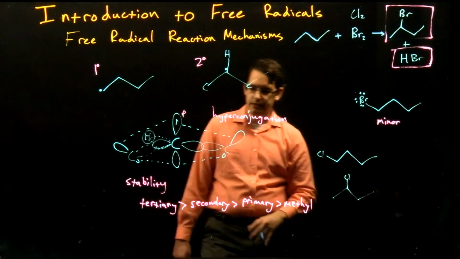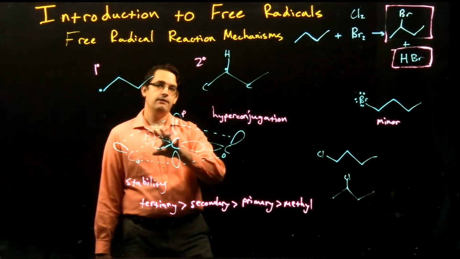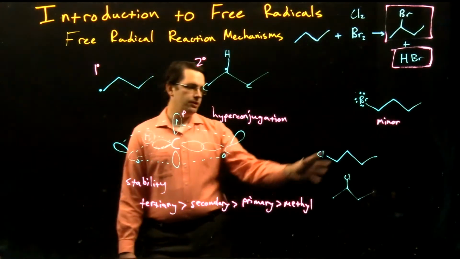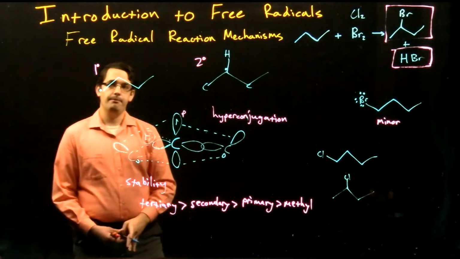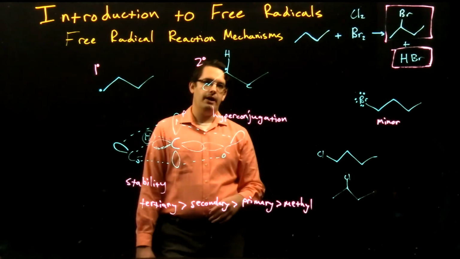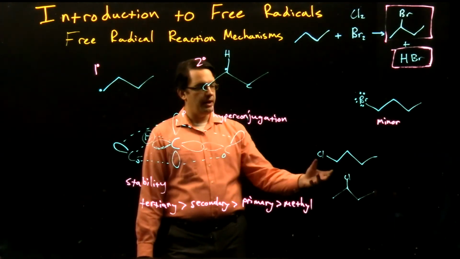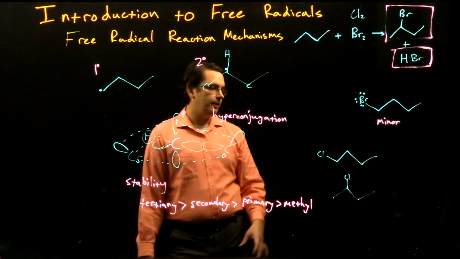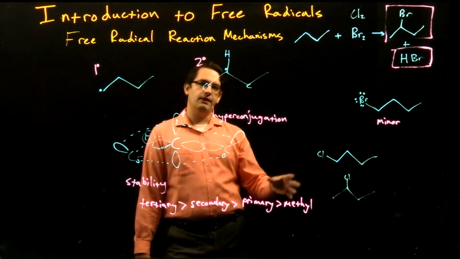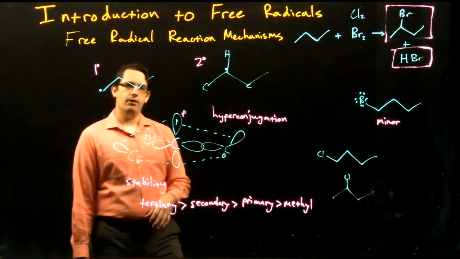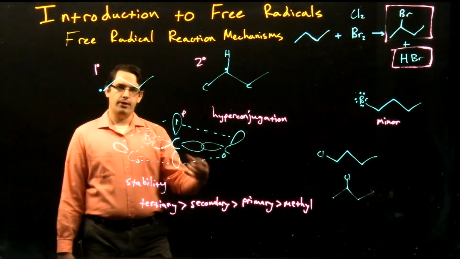So since it's more reactive, it's kind of less affected by this difference in stability, and so you don't really see that same selectivity. This can lead to some problems then in our free radical reactions. So we might want only one of these products, but both will show up. So it can be a little bit difficult to select which alkyl halide product you want from your free radical halogenation reaction.